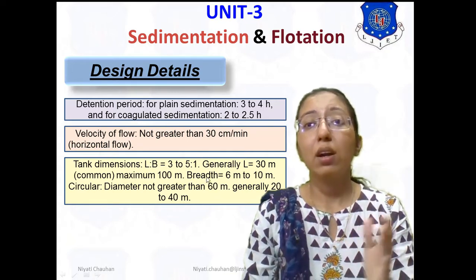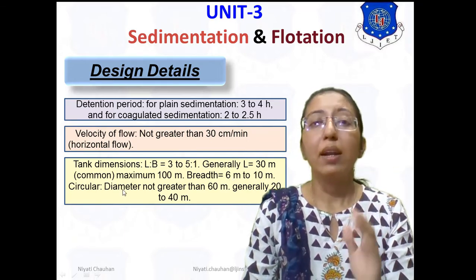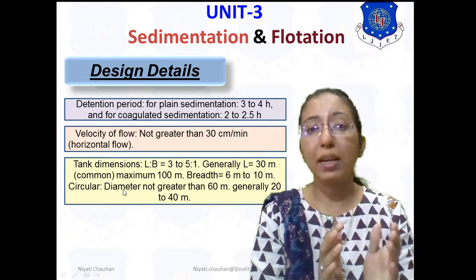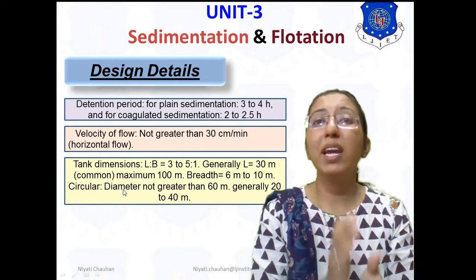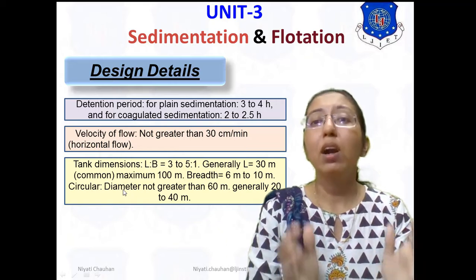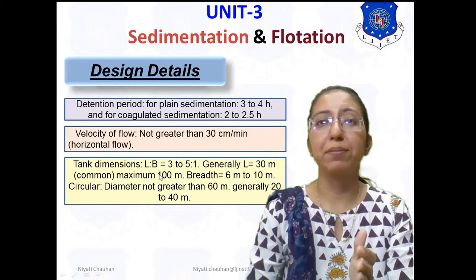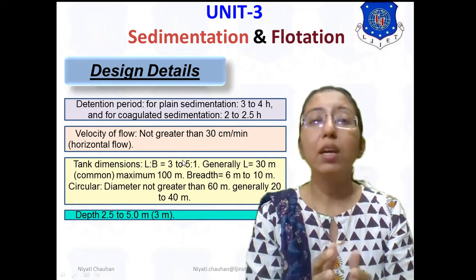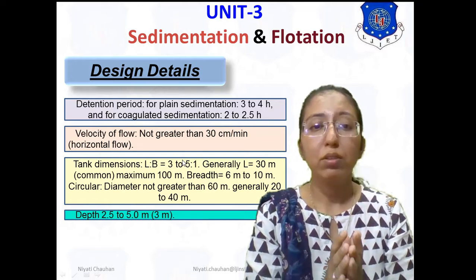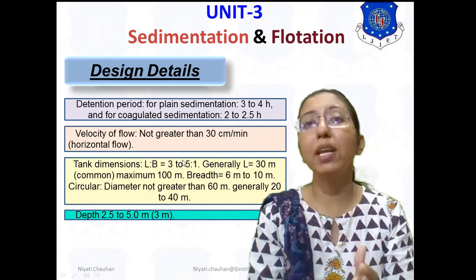So breadth is very small compared to length. Diameter not greater than 60 meters; generally we keep a 20 to 40 meter range for diameter. Next, depth should be 2.5 to 5 meters. Generally we prefer 3 meters.